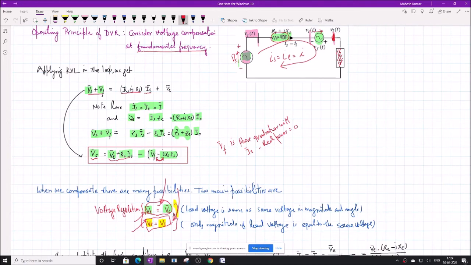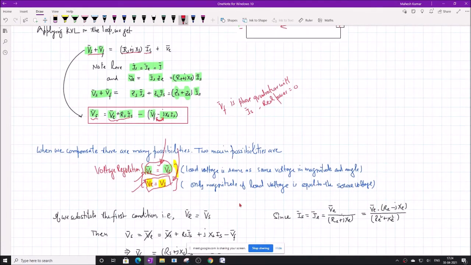But let us say that there is some requirement of maintaining the VL same as VS. In that case, a doubt may arise in your mind: if the VL is same as VS in magnitude and phase angle, then how will the current flow? To flow the current, to flow the power, they must have some phase shift. Am I correct? So they should have some phase shift.